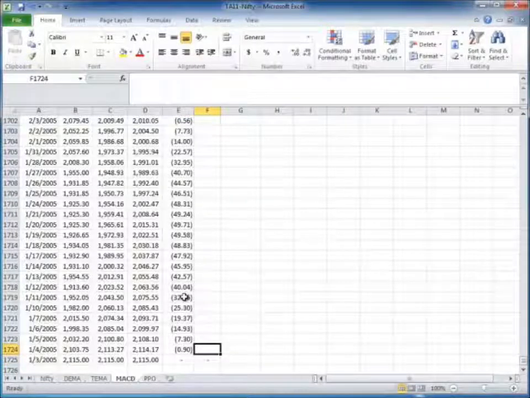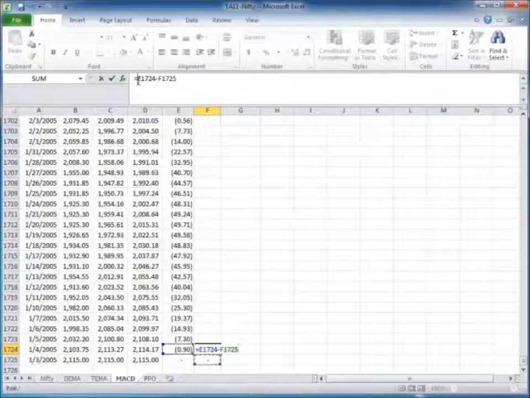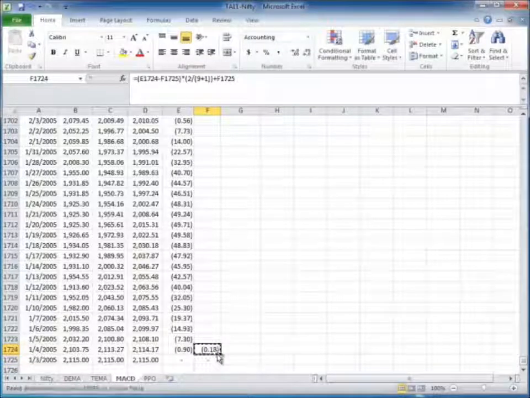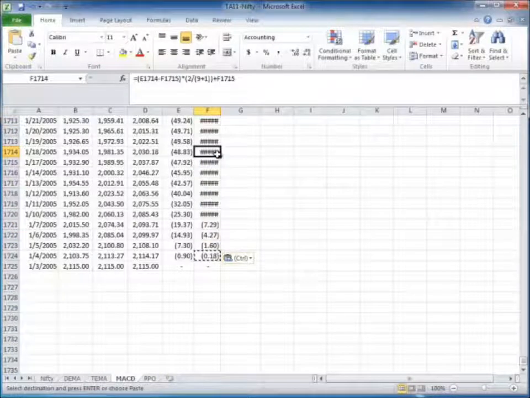Okay, and then the EMA is going to be equal to the price minus the previous day's EMA, multiplied by 2 divided by 9 plus 1, because we're using a 9-day for the signal line, and then finally we add the previous day, and then I simply take this all the way up, and I now have my signal.